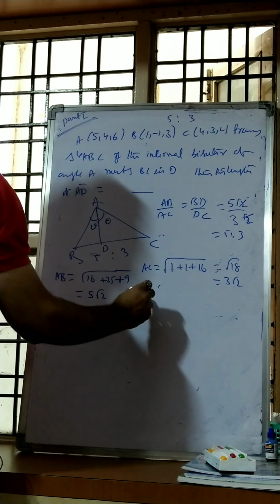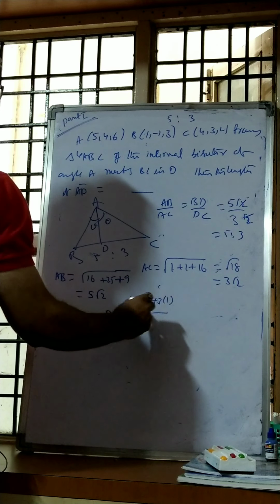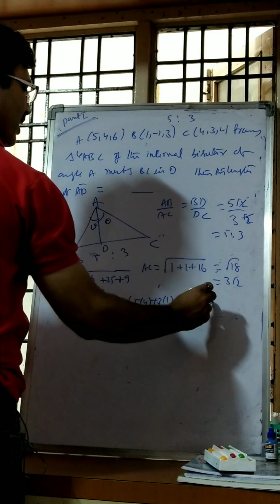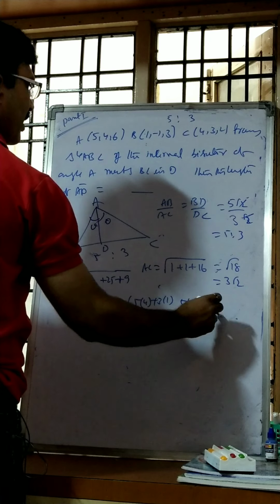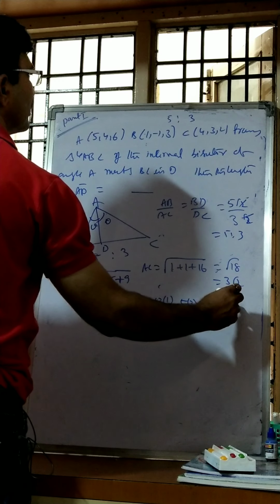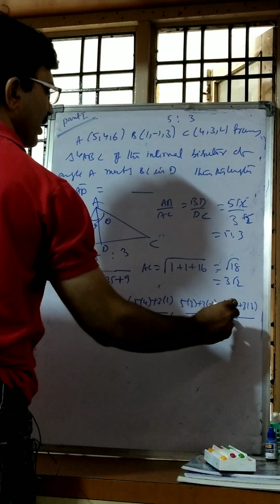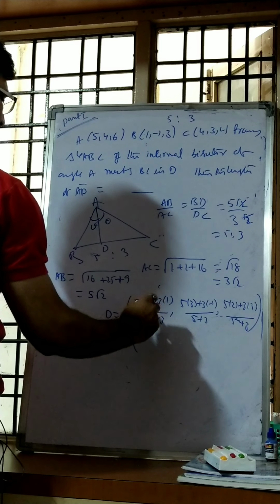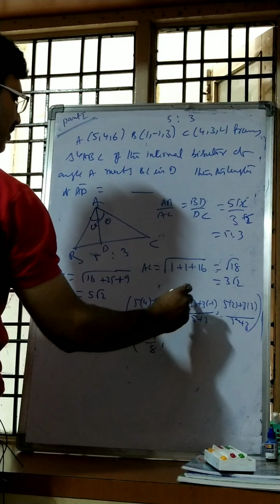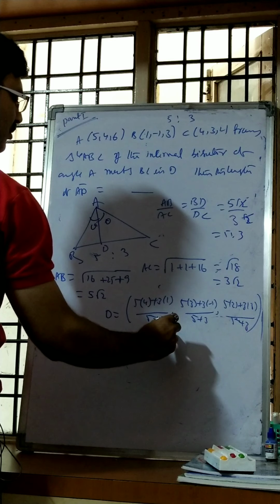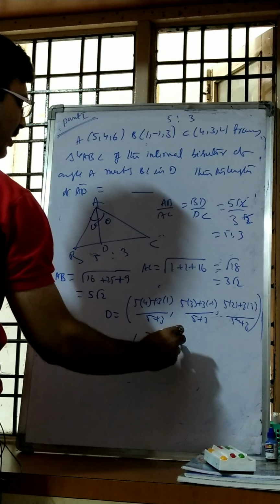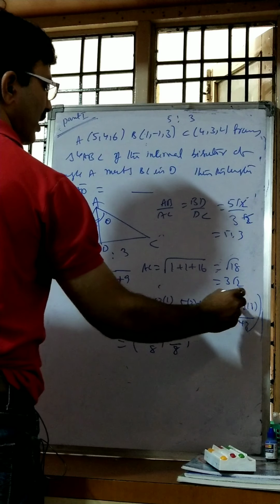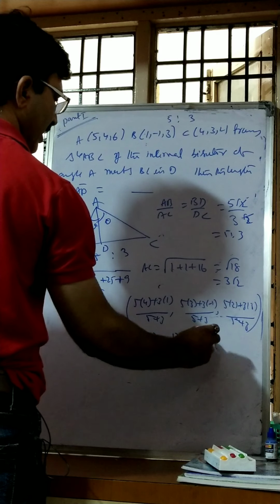What is that? 5 into 4 plus 3 into 1 divided by 5 plus 3, 5 into 3 plus 3 into minus 1 divided by 5 plus 3, and 5 into 2 plus 3 into 3 divided by 5 plus 3. Now you see here, this is 23 by 8, this is 12 by 8, and this is 19 by 8, sir.